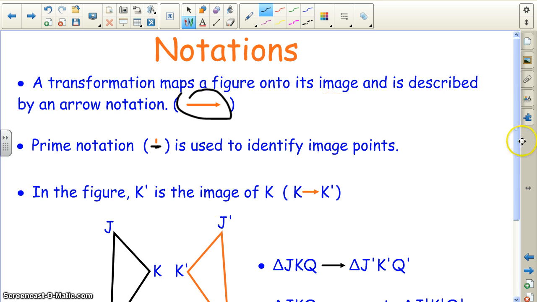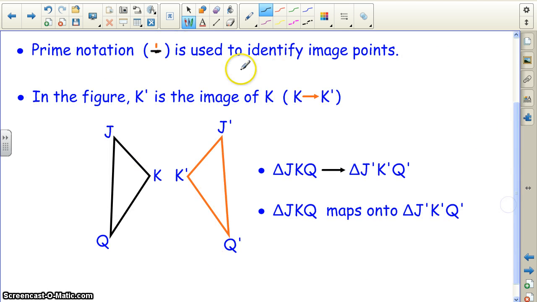So in the figure that I have down here, K prime is the image of K, and that's how we say that little prime notation. So K is our pre-image, K prime is our image. In this one, my black figure here is my pre-image. The K prime, J prime, Q prime is my image triangle. So make sure you're looking for those little prime symbols. That lets you know what your pre-image and your image are.